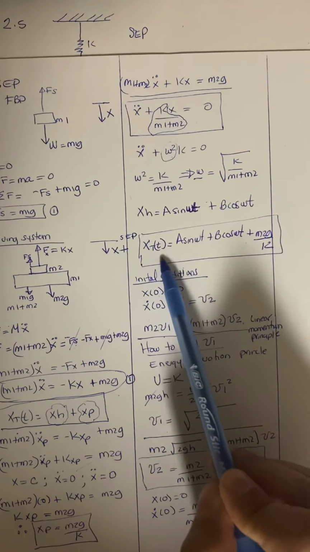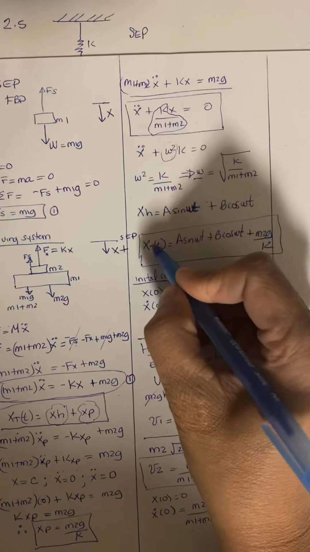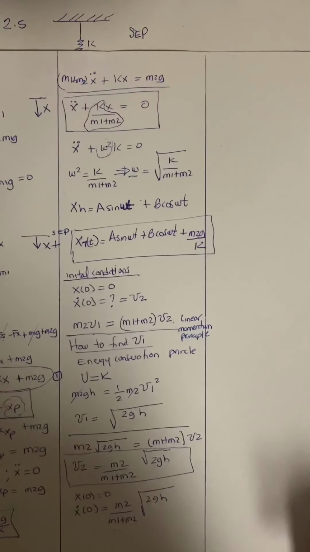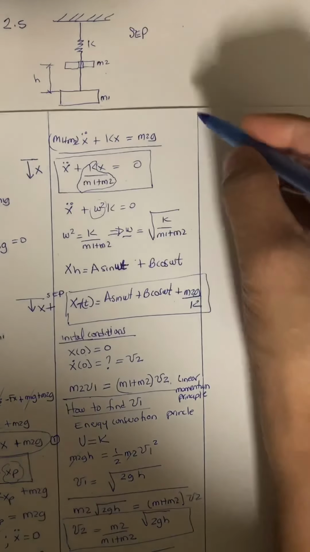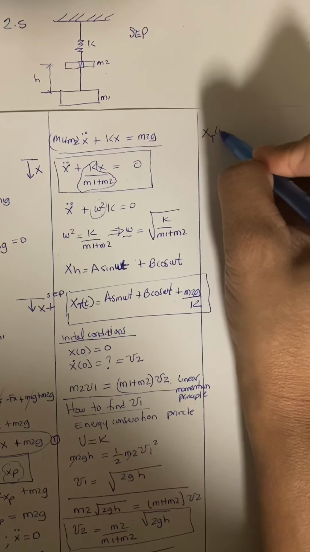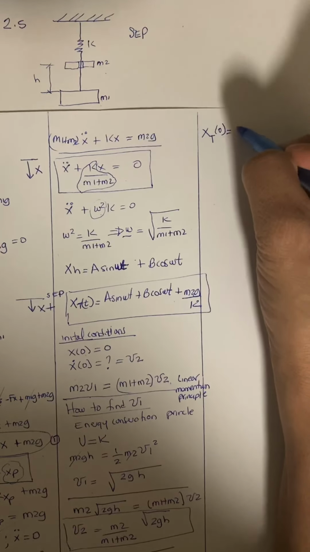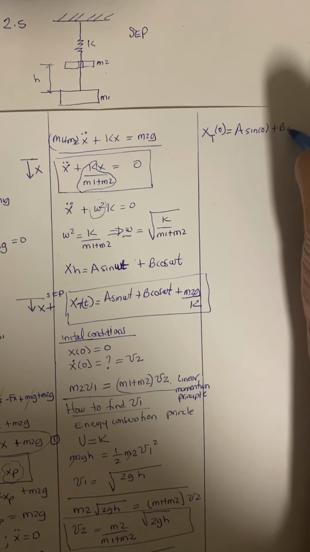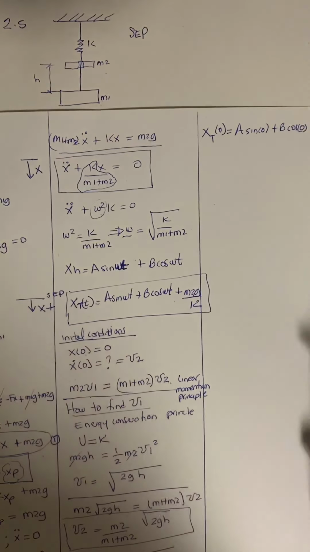So we're going to use this equation and apply the first initial condition. X total when time is 0 is going to be equal to A sine 0 plus B cosine 0 plus m2g over k.